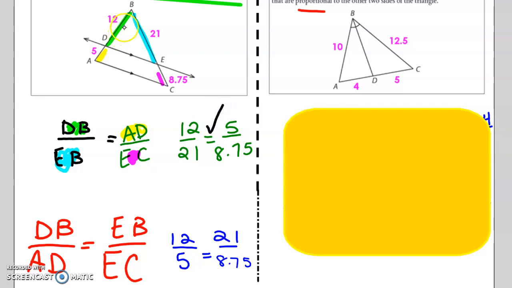Okay, so if you notice, I went across when I set up my ratios, but over here, that doesn't need to be the case. I could actually stick with the same side. So I could set it up as DB over AD, and then I could set it equal to, so I'm staying on the same side, BE over EC.